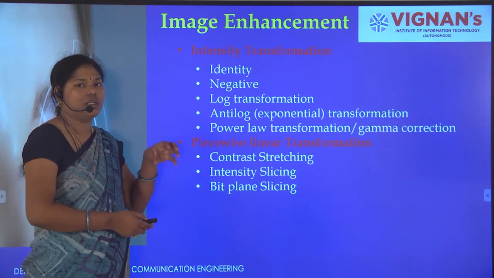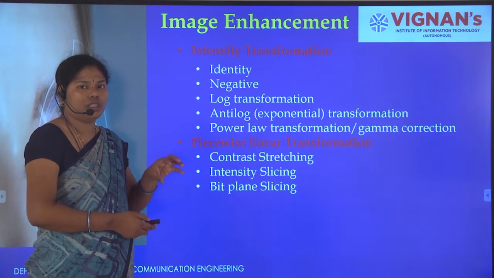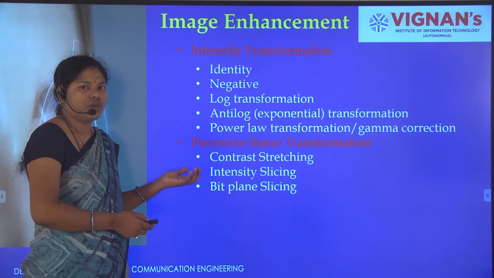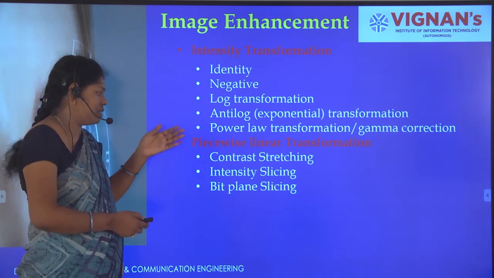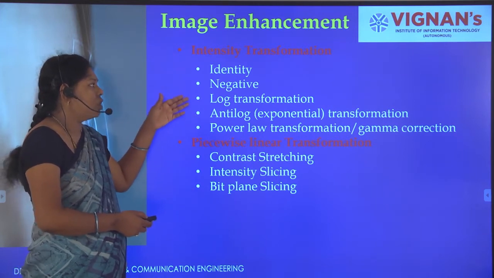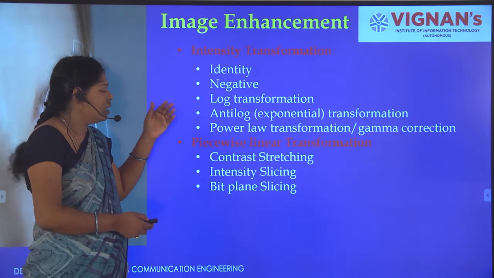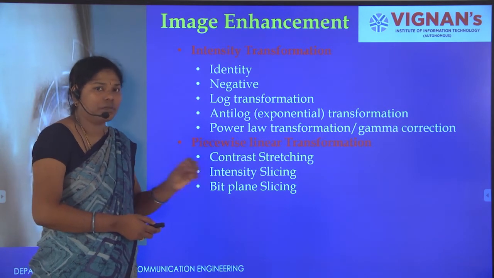If you are considering piecewise, that is either we are considering a block of 3 by 3 or 5 by 5, any block or any range of pixels we are concentrating, then we go for contrast stretching, intensity slicing and bit plane slicing. In identity, negative, log transformation, we are considering all the pixels in the image. In piecewise linear transformation, we are concentrating only on particular pixels.